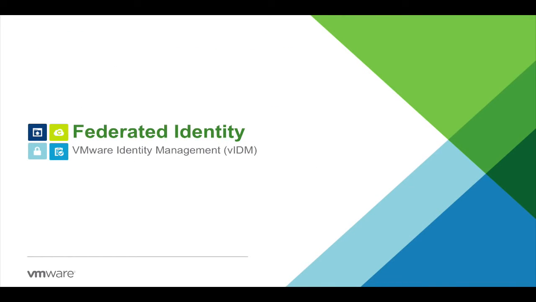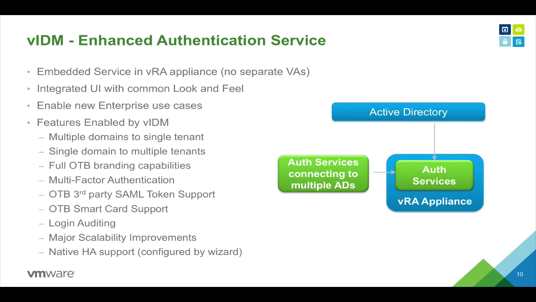Moving right along, let's talk about the next Spotlight feature in VRA 7.0, and that's the VMware Identity Manager, also known as VIDM. VIDM replaces vCenter SSO as the core authentication provider in vRealize Automation 7. And that provides, out of the box, a significant amount of capability as far as authentication, authorization, and access controls go.